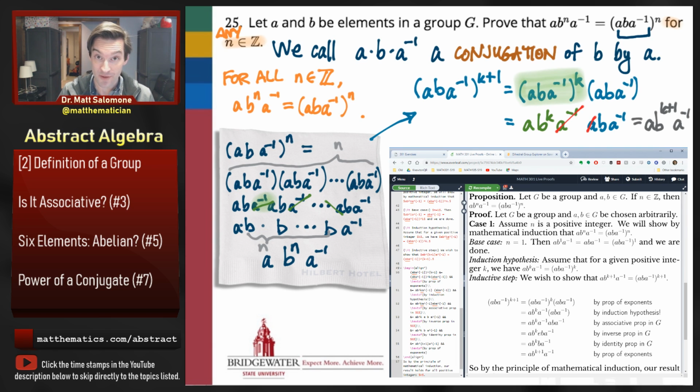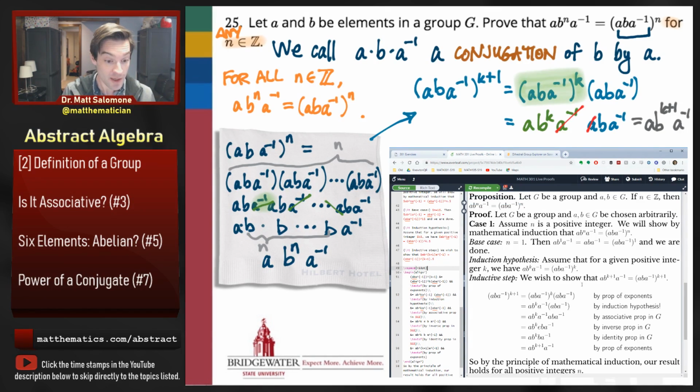I'm going to leave to the viewer, I suppose, what you would do in the cases where n is a negative integer. The hint that I'll give you there is that the shoes and socks principle for taking the inverse of a product can connect you directly back to the argument that we did right here. So once again, we were being very careful and explicit with all of these steps to write them all out and make sure that they all made it onto the page.